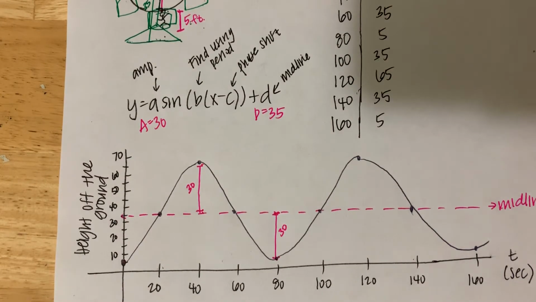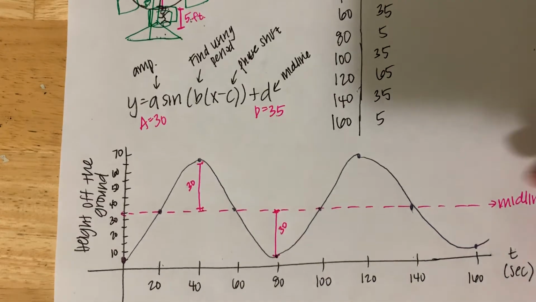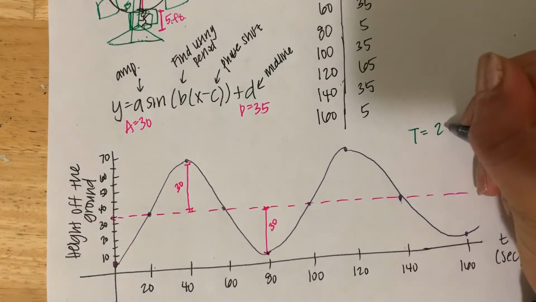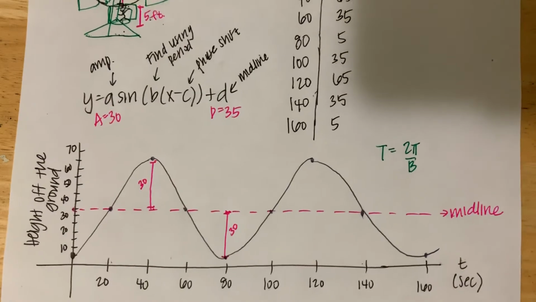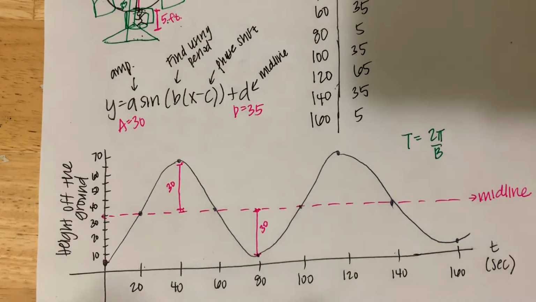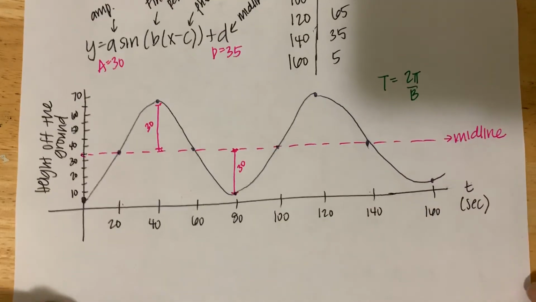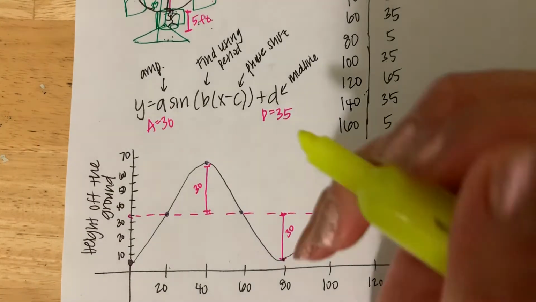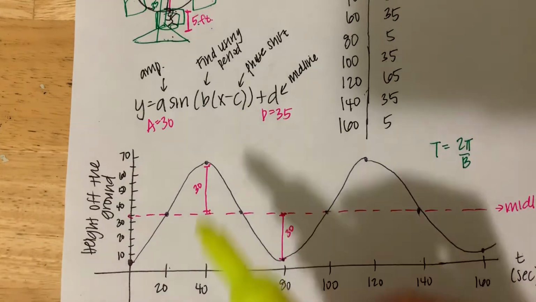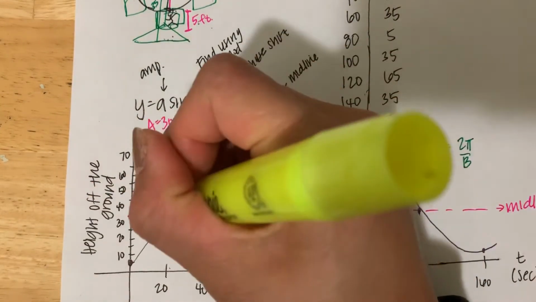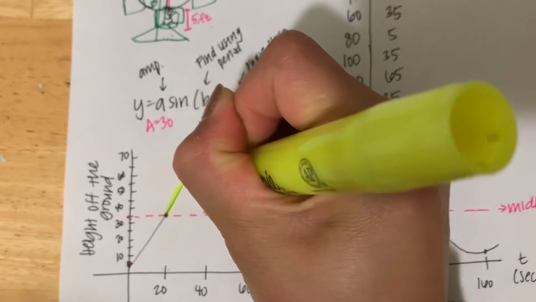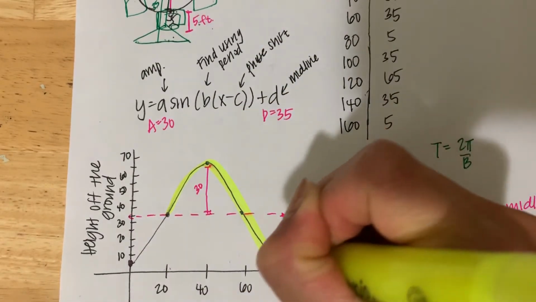Let's take a look at our b value here. So remember our infamous formula, T equals 2 pi over b. So if you look here, I'm going to go ahead and graph one full period. You can see it different ways. I'm going to use the sine graph because we want to eventually use sine.